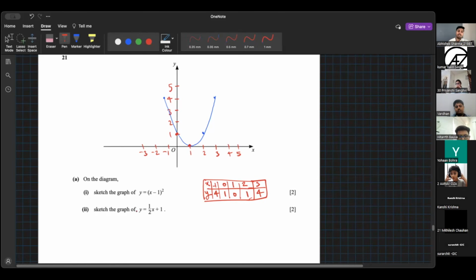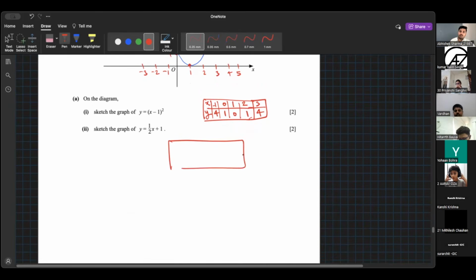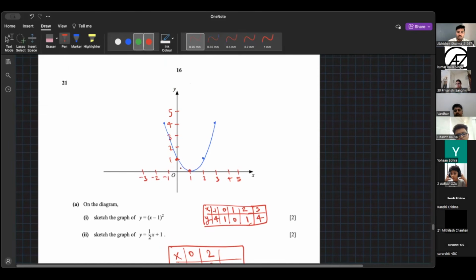Second part is sketch the graph of y equals half x plus 1. Again, we will draw a table of values, x and y. When x is 0, y is 1, and when x is 2, y is 2. So 0, 1 is over here and 2, 2 is here.